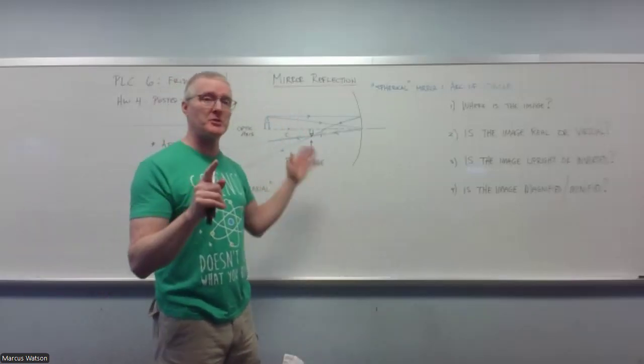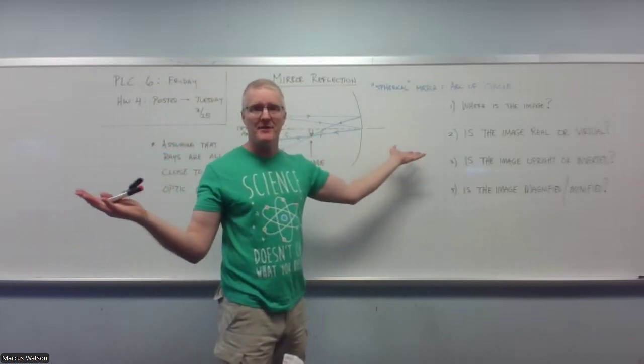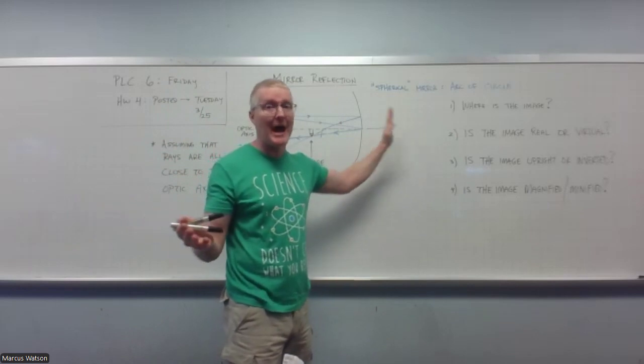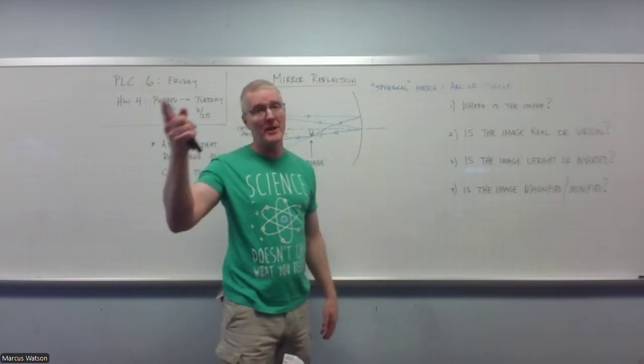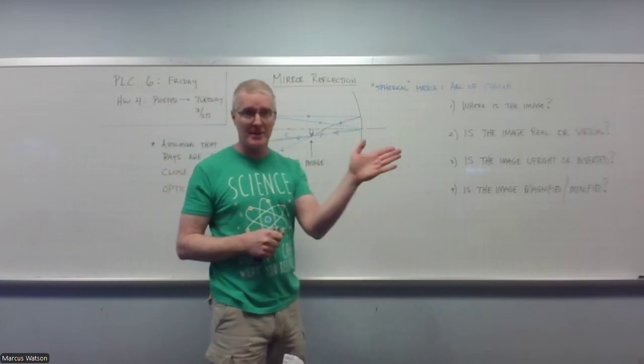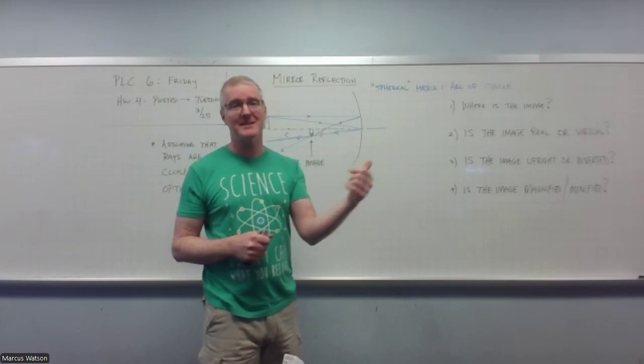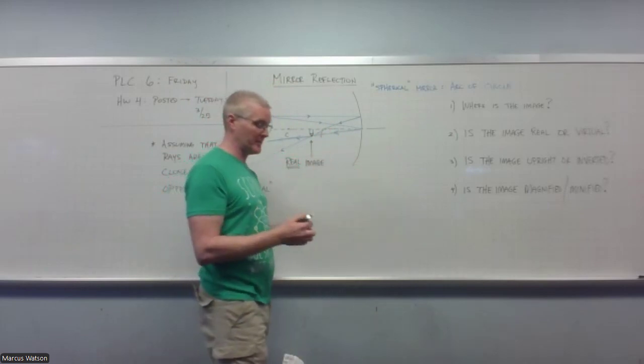Whereas with a virtual image, remember, those are always behind the mirror. If I put a screen there, there's no light there, so I can't see that. This is a great way, in your mind, to say, is this a real image or a virtual image? Put a screen there. Would light hit it and make the image? If yes, then it's a real image.